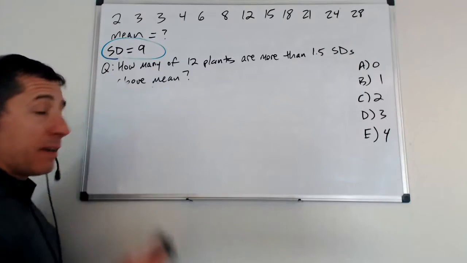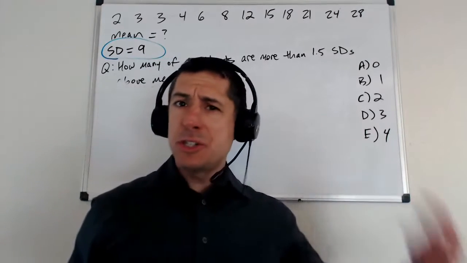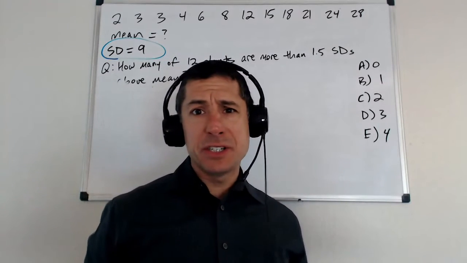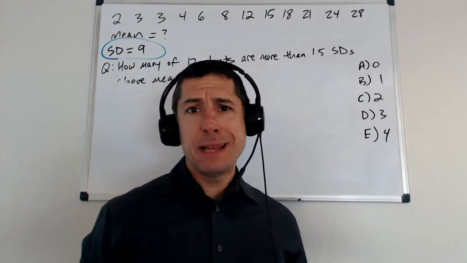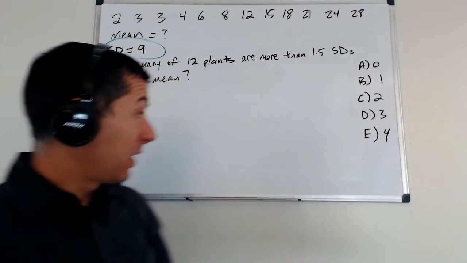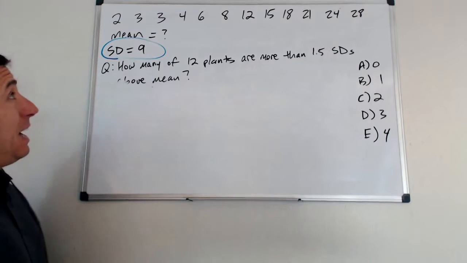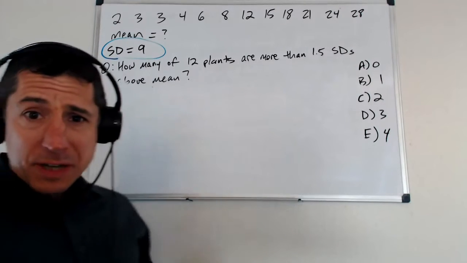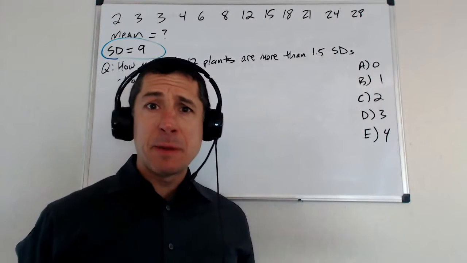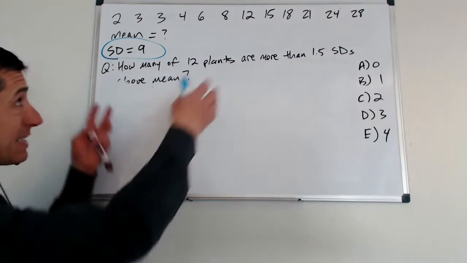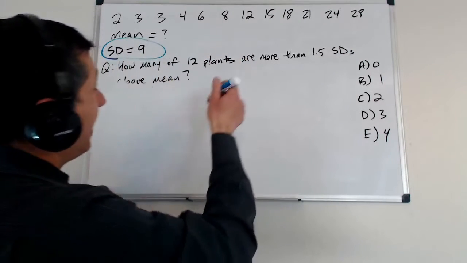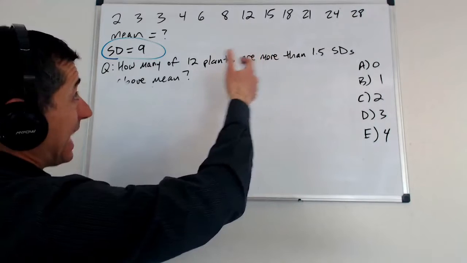One friendly reminder: whenever you see a big list of numbers on the GMAT, there's always a shortcut. There's always a way to make it easier on yourself. They're not going to give you such heinous brute force arithmetic that you're going to suffer a ton. A lot of ways you could do it. If you just want to write out the 12 numbers and add them up by brute force, knock yourself out. I'm looking for ways to combine things and see if there are numbers that add together nicely.